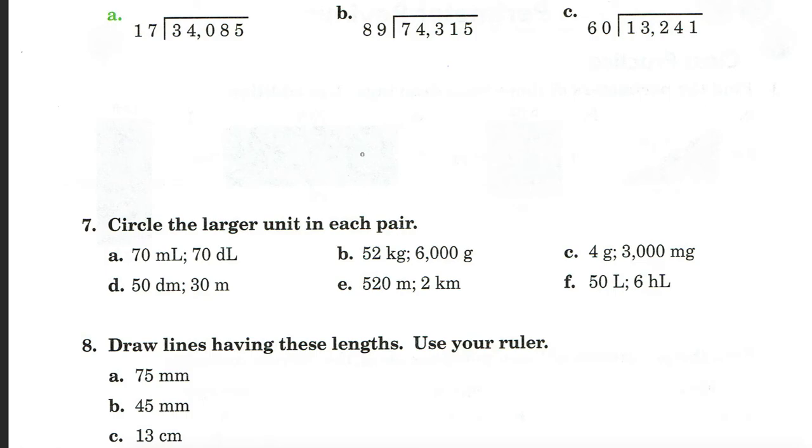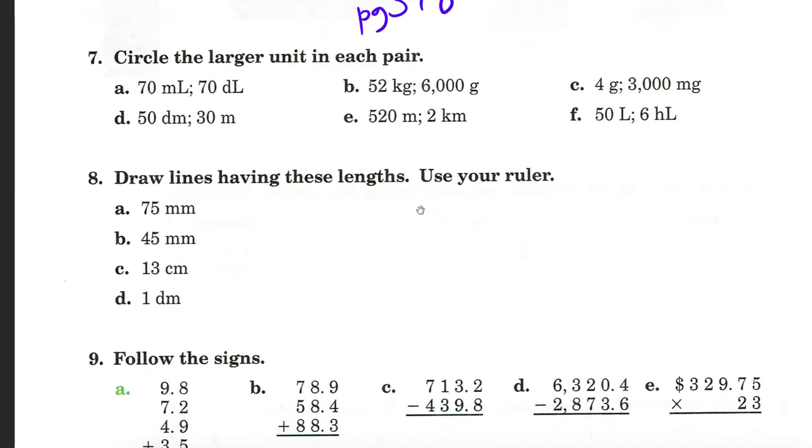Page 348. So page 348 will help you solve number 7. All right, number 8, draw lines having these lengths. Use a ruler. Make sure you're using the correct side, either millimeters or centimeters. All right, this is 1 decameter. So that's about 100 millimeters, okay?